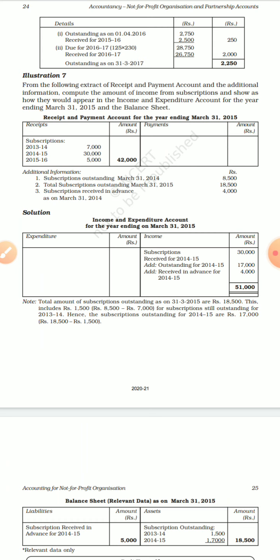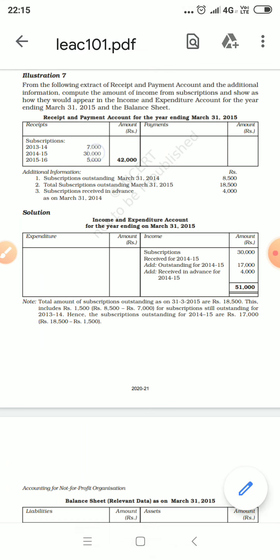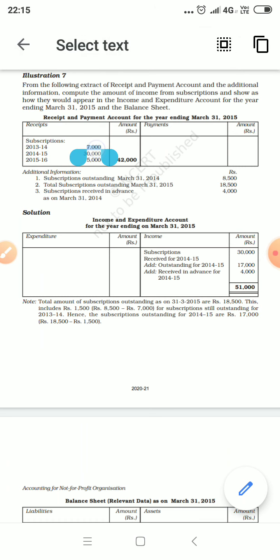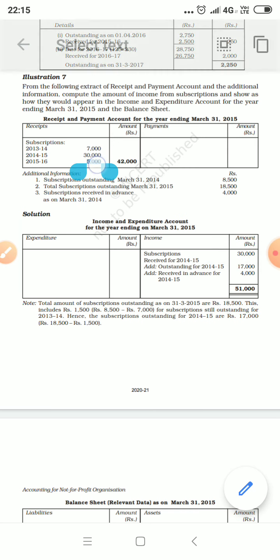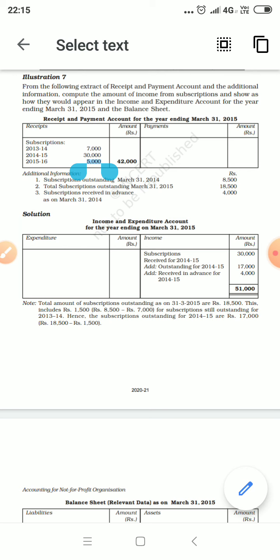When I say full-fledged sum, you have to prepare income and expenditure account and balance sheet. And one item will be subscription. So subscription is given in 3 split ups. Previous year's outstanding received during the current year 7,000. Current year we have received only 30,000. And next year's advance received during this year 5,000. This 5,000 is next year's.